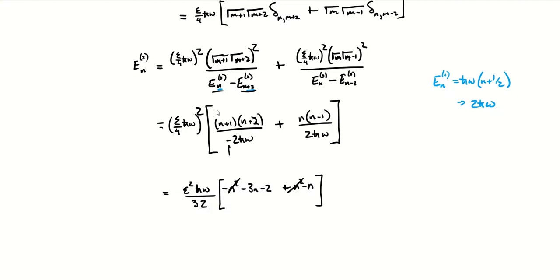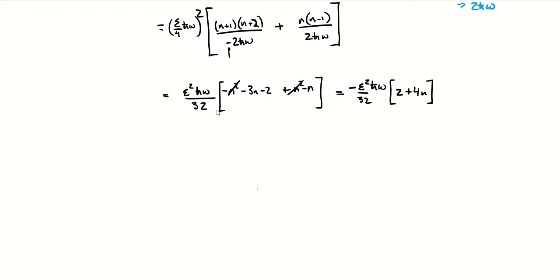And then we have minus 4. So this ends up being epsilon squared h bar omega over 32 times, well, we can bring the negative out, and then we have 2 plus 4n.